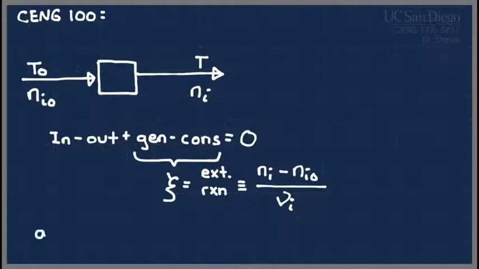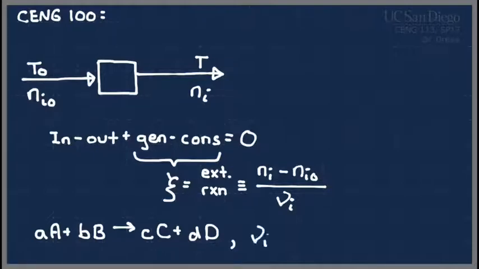And so we had defined a general reaction like this: A plus B goes to C plus D. And so each one of those stoichiometric coefficients looked like A's and B's and C's. So reactants were negative and products were positive.